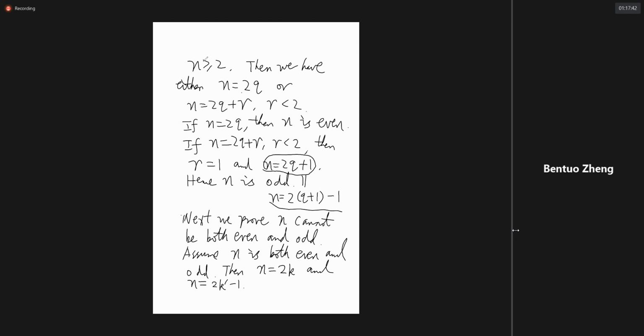Okay, so we have 2k is equal to 2k prime minus 1, because both 2k and 2k prime minus 1 equal n.